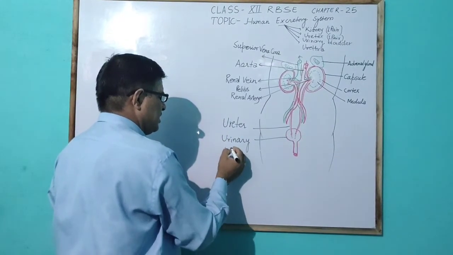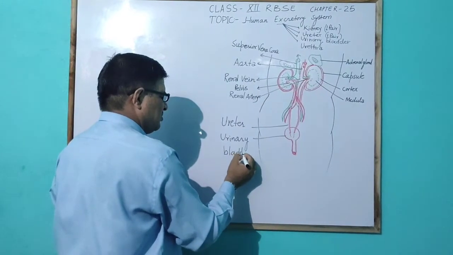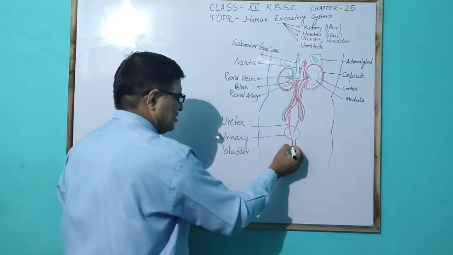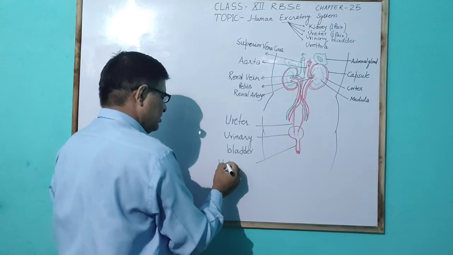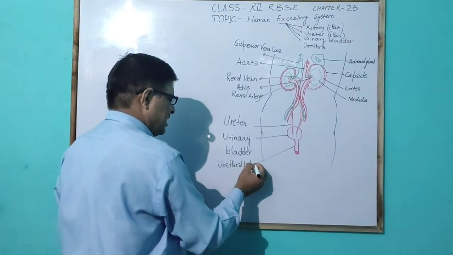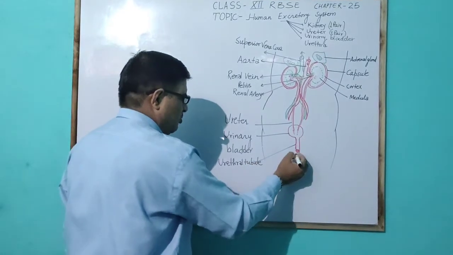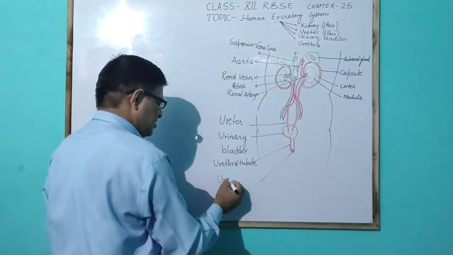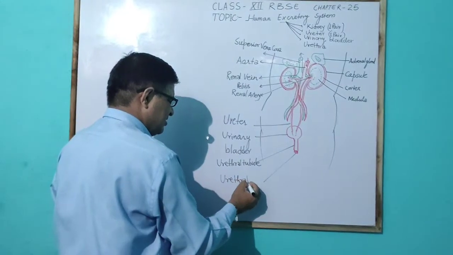Urinary bladder is single. From the urinary bladder, the urethral tubule arises, which opens by the urethral pore.